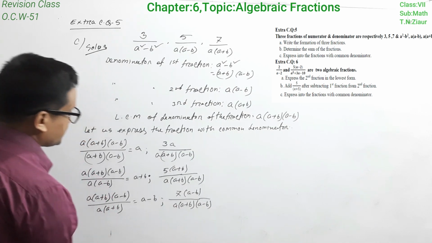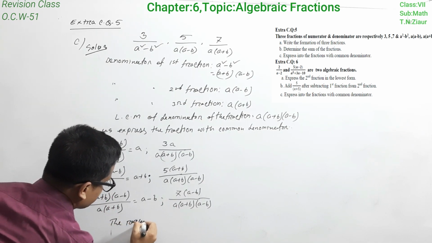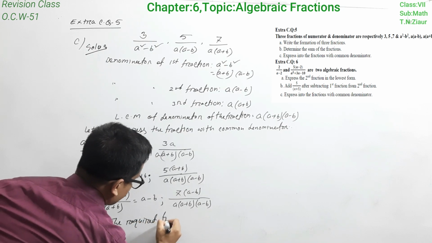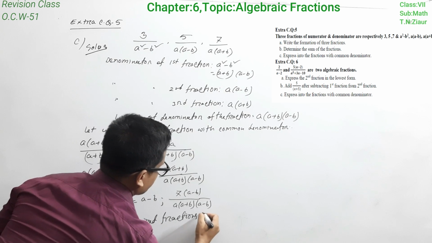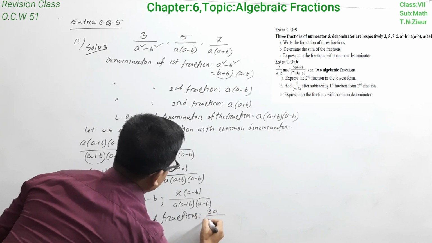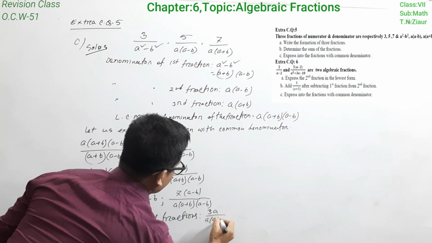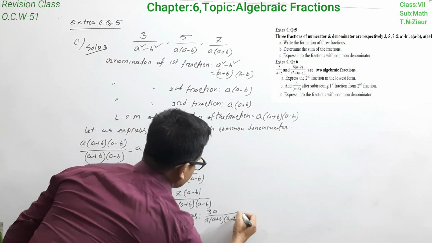Okay, no problem. So the required fractions we can write here, which we have already written: 3a by a into (a plus b) into (a minus b).